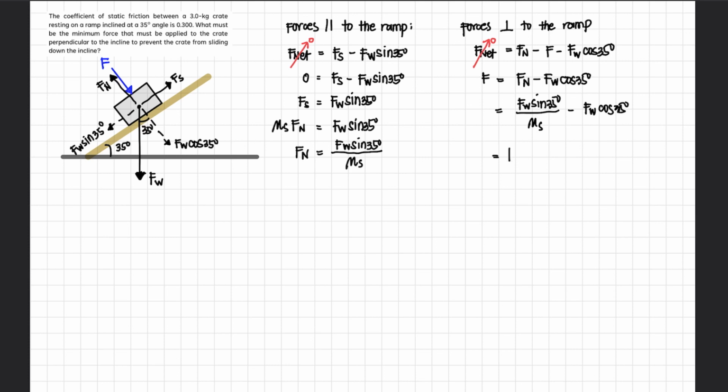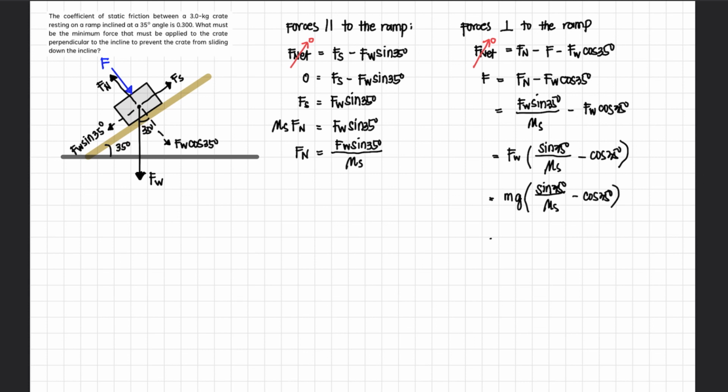So we factor out the weight, so that's sine of 35 degrees over μs minus cosine of 35 degrees. Then Fw is the mass of the crate times the acceleration due to gravity, sine of 35 degrees over μs minus cosine of 35 degrees.